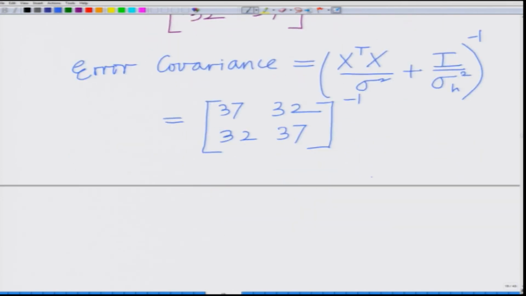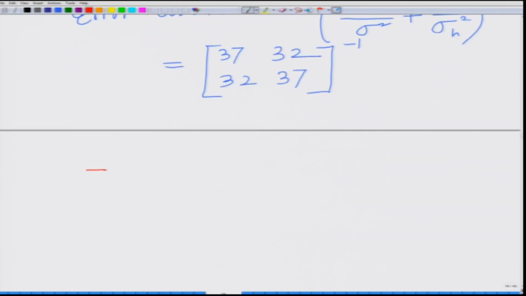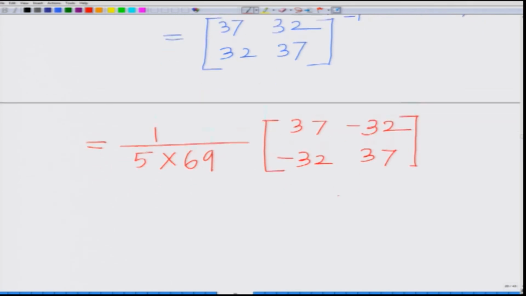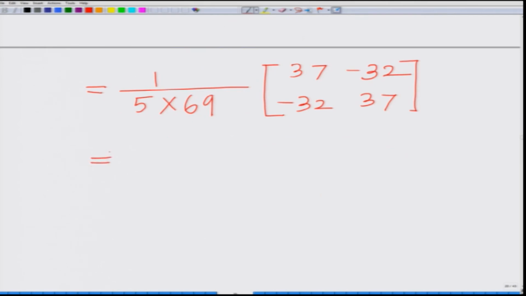This is a 2 cross 2 matrix, so the inverse is easy to compute: 1 over the determinant, 37 square minus 32 square, which is 37 minus 32 times 37 plus 32, that is 5 times 69, which is 345, times the matrix with the diagonal elements swapped and the off diagonal elements negated, minus 32 minus 32.